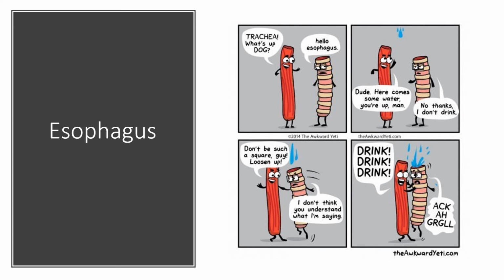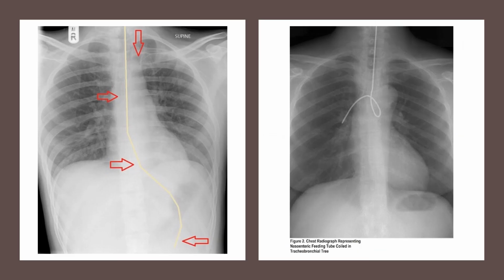But what we're looking at here is more traditionally line placement. So what we're supposed to see with an NG tube placement is important for us. Normally when a patient has an NG tube or an OG tube, it should snake its way, let me use a brighter color, let's use red, it should snake its way, which it sort of does here, and it should terminate somewhere in the stomach.